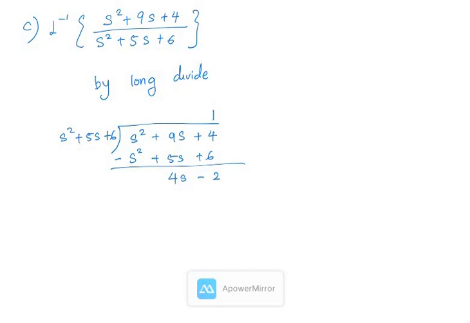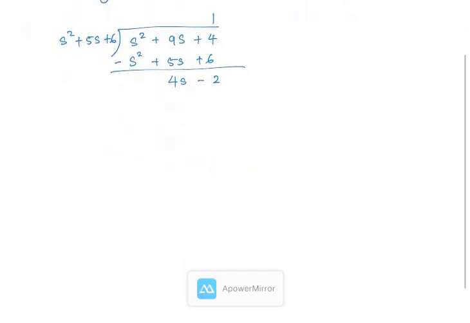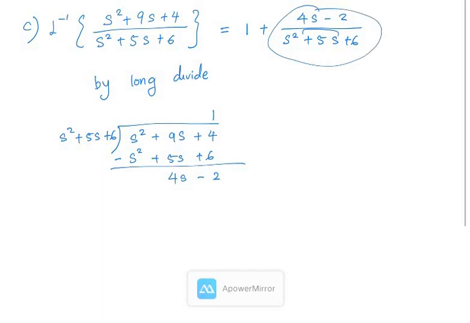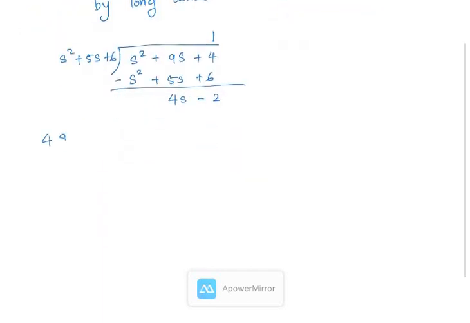Okay, so the answer here is 1 plus 4s minus 2 divided by s squared plus 5s plus 6. Okay, again we use the partial fraction. So partial fraction only use this part. Okay, so 4s minus 2 divided by s squared plus 5s plus 6.